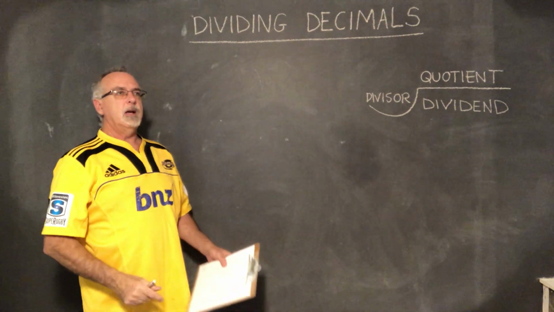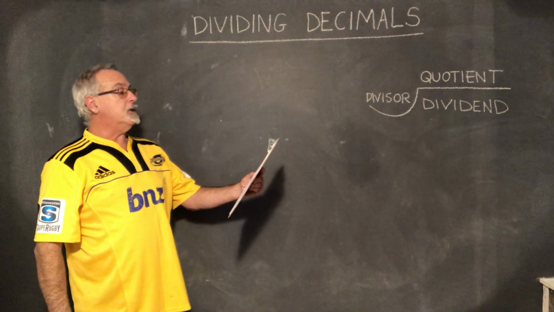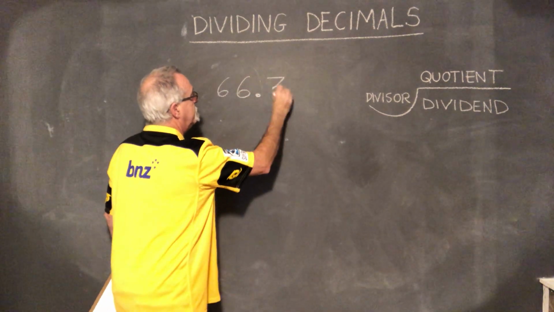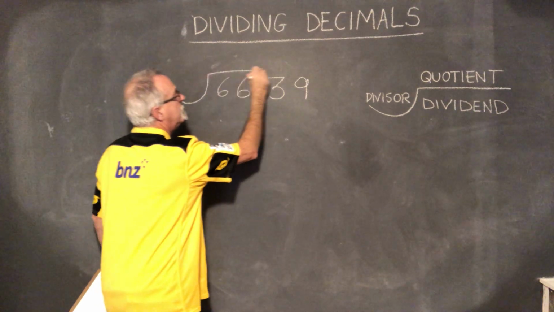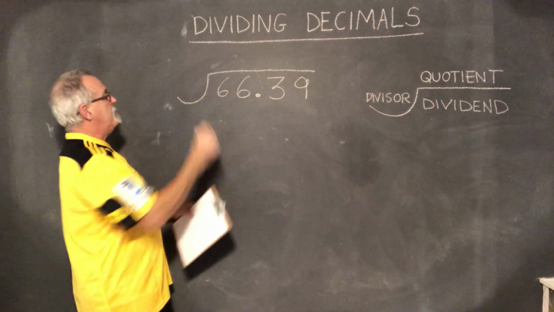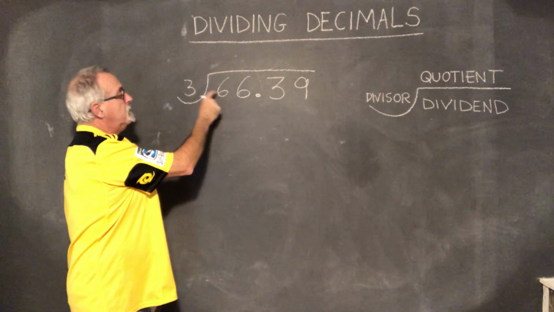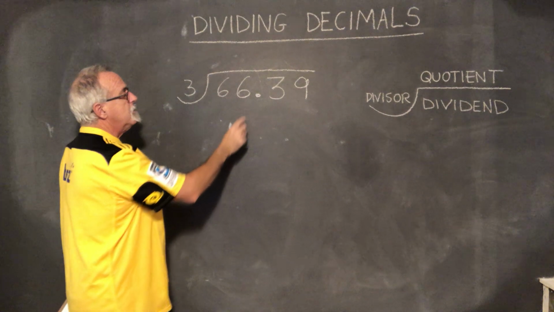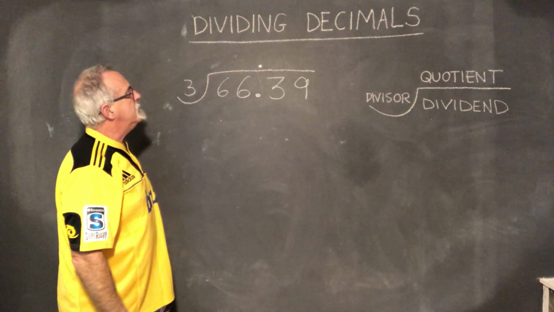We normally will say out loud, number divided by other numbers, so I'm going to say it that way. 66.39 divided by 3. Okay, now 3 is going to fit into 6. I realize I have a lot of stuff going on with this one, but first, I'm going to put this decimal right above the other decimal.